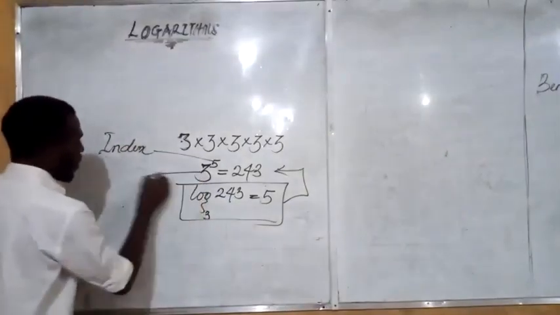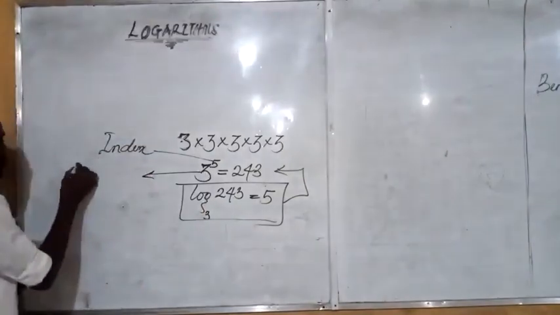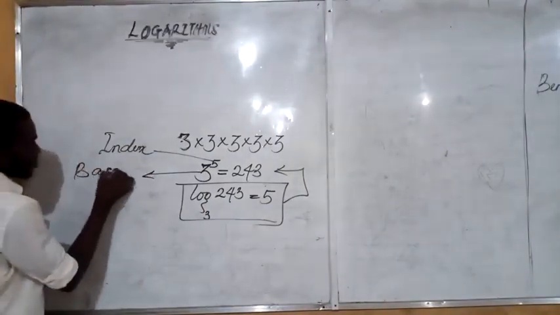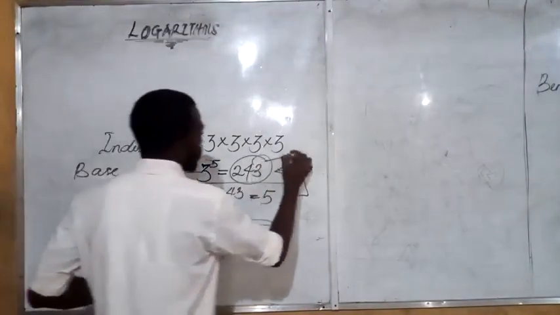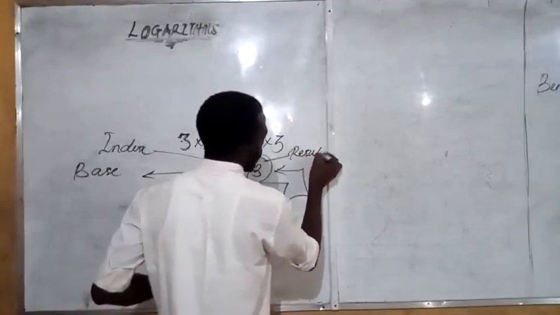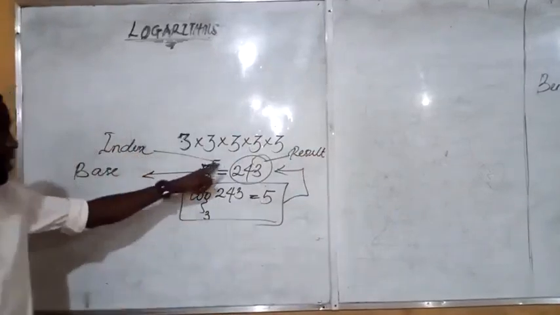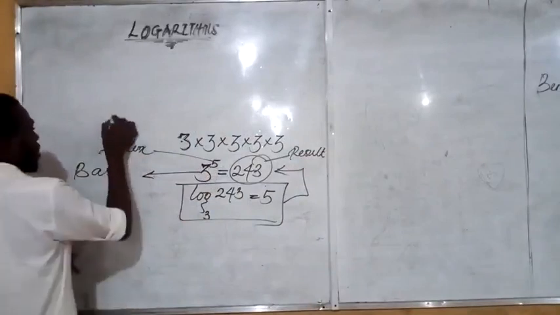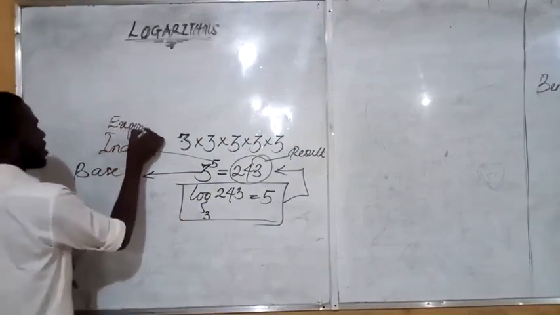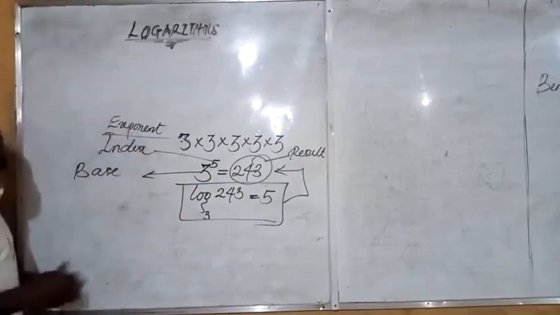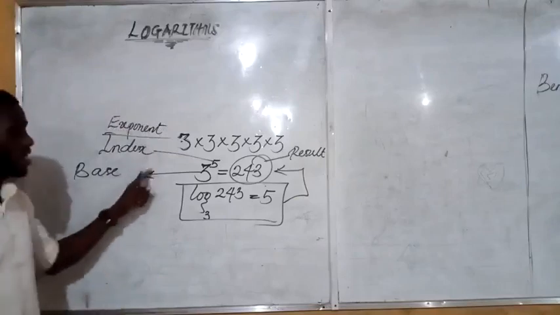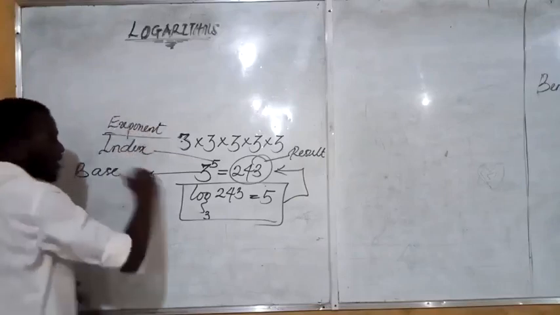Now, this is the base, and this is the result. We also call the index the power, or exponent. Index, exponent, or as we call it now, power. Now, how is this related to this?